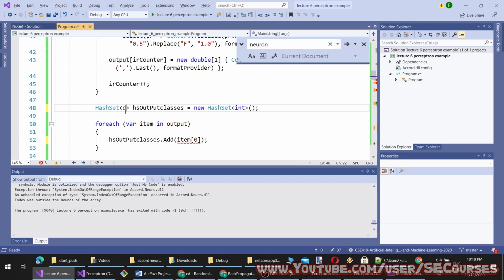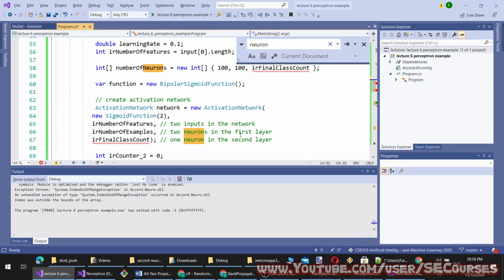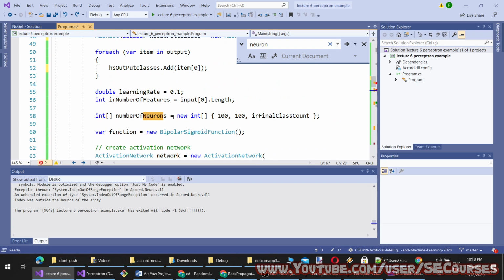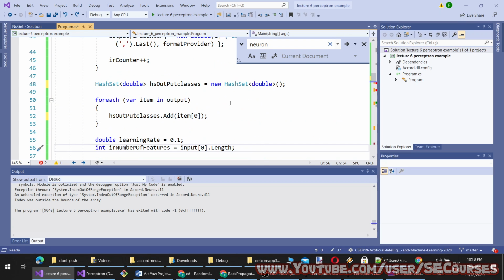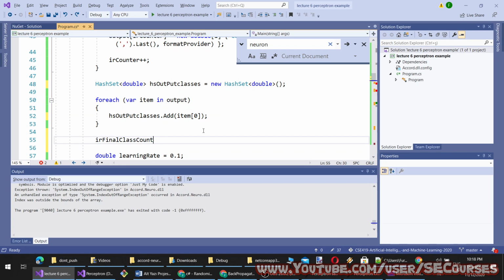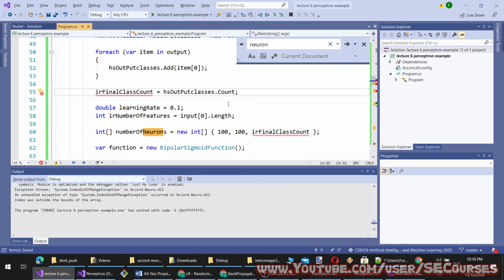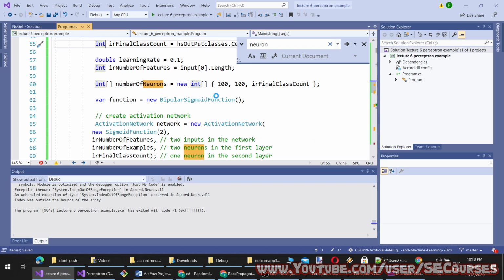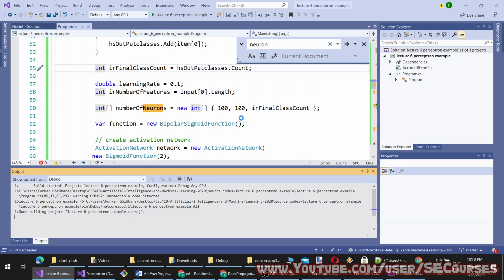Oh, I need to make this double. Okay, so we had an error in how to calculate the final number of different classes, and I have just fixed it.